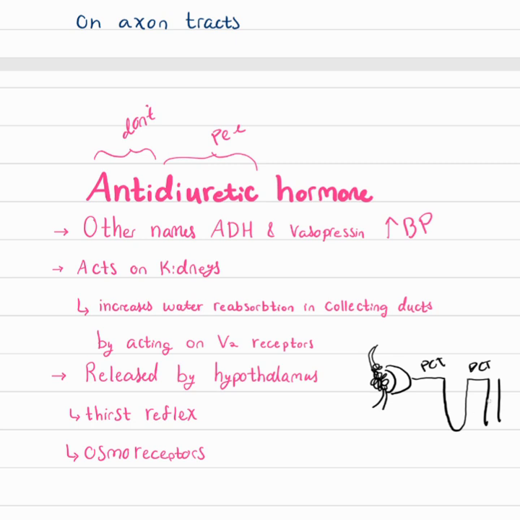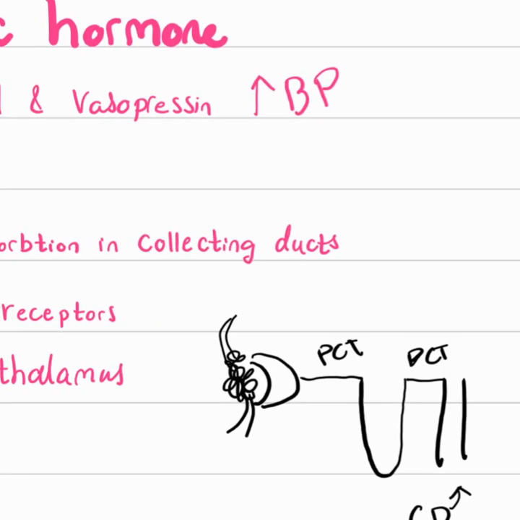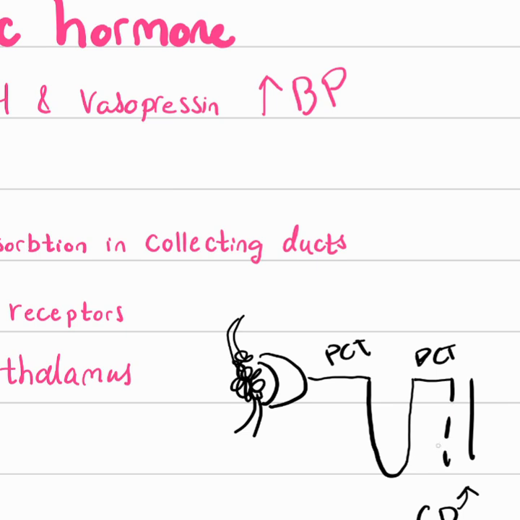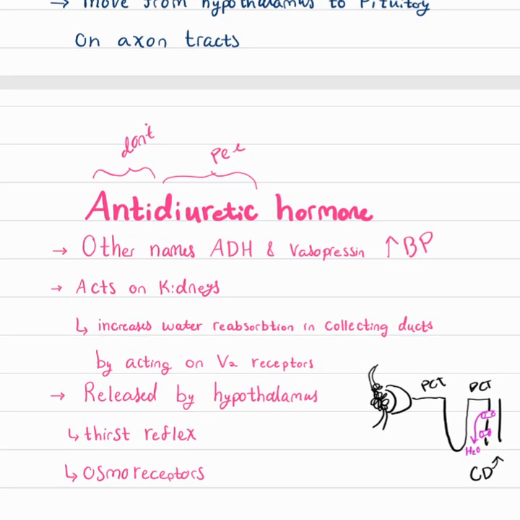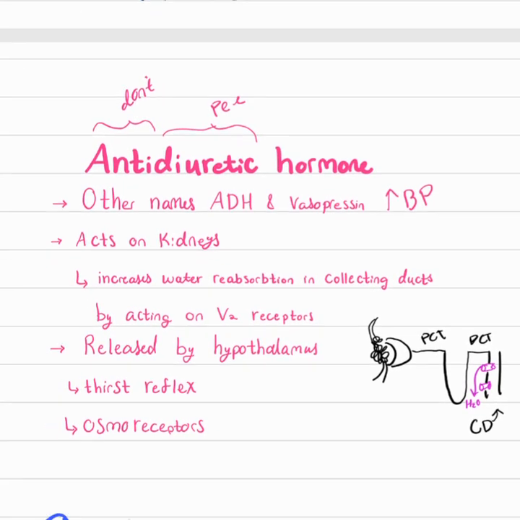The collecting duct here is usually impermeable to water, but ADH will act on the collecting duct and it'll open these little sections of it called aquaporins, and then this way water can leave through here. So that is how ADH works, and it acts on those V2 receptors here in the collecting duct.